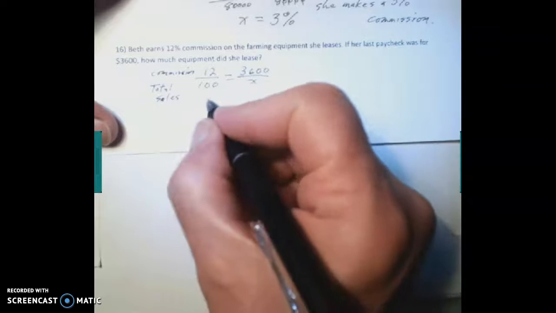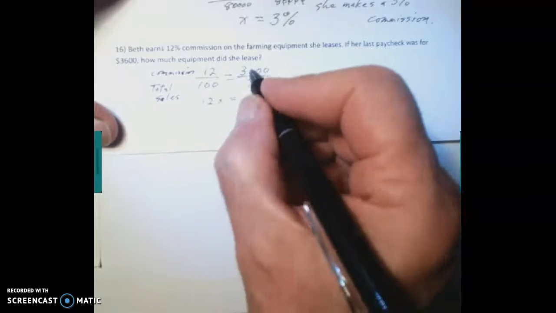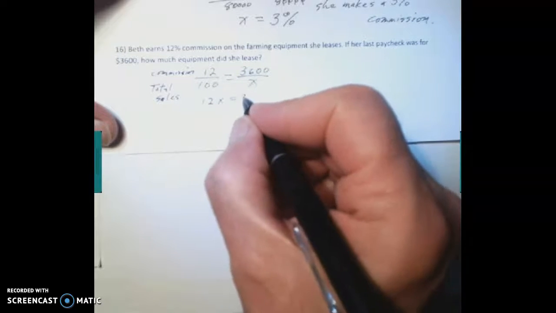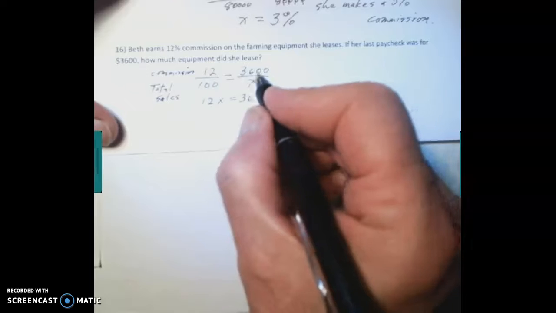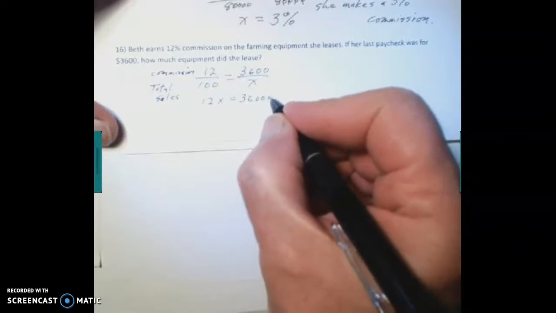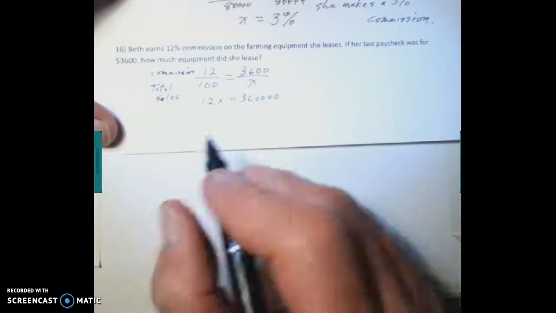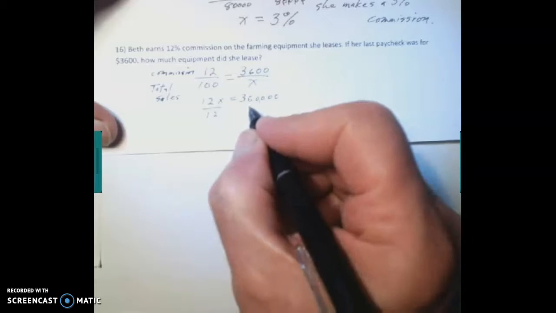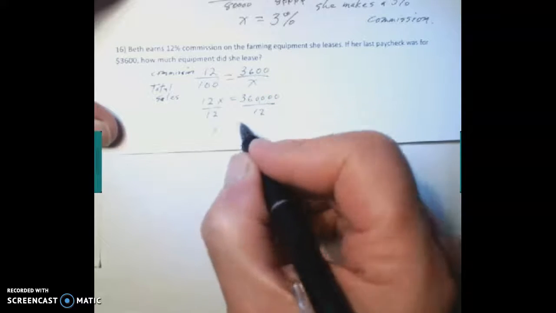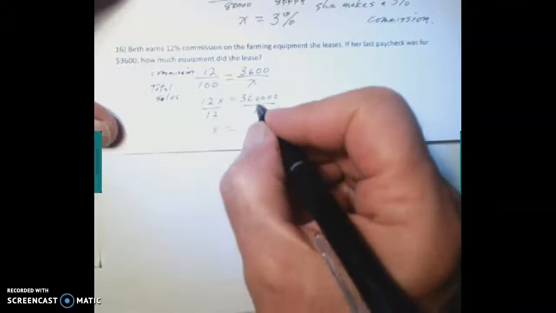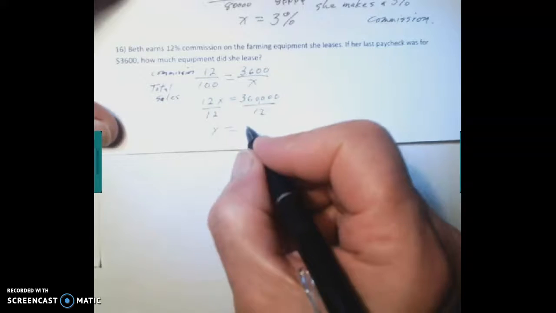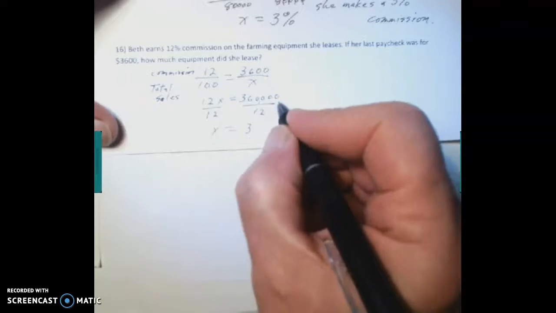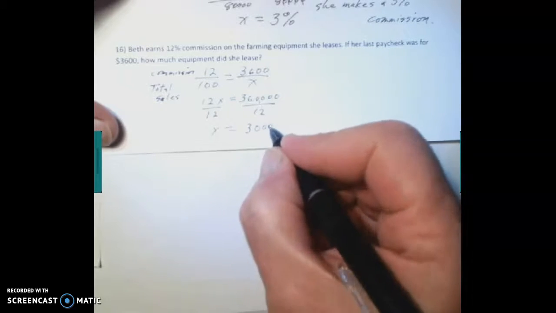Cross multiply, you get 12x equals 36 times 1 is 36. 2 zeros, 2 zeros. We're going to have 4 zeros on that answer. So I end up with 360,000. Divide by 12, and I get x equals, okay, 12 goes into 36 3 times. 4 zeros, 4 zeros.